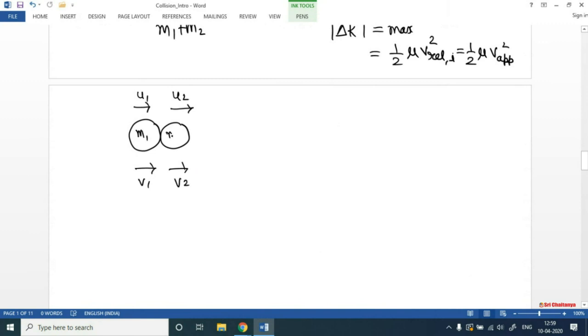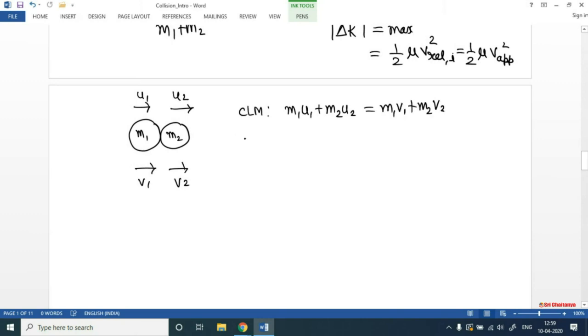That is M1 and M2. If we know the condition before the collision, we must be able to find out the velocities after the collision, knowing the nature of collision. So the first equation we are going to get from the conservation of linear momentum. That is going to be M1 U1 plus M2 U2 equal to M1 V1 plus M2 V2.